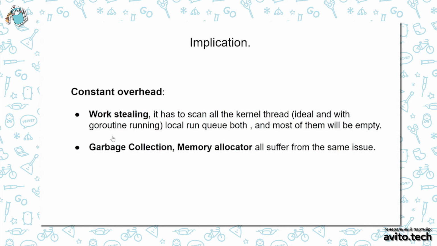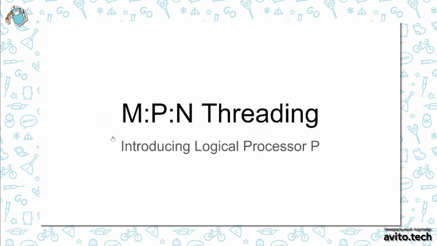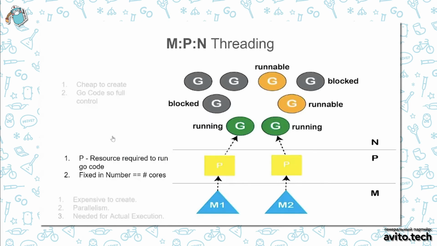Let's look into another way to model this to overcome this problem: MPN threading. We will be introducing another entity, the logical processor P. Here P represents the processor, which can be seen as a local scheduler running on a thread.